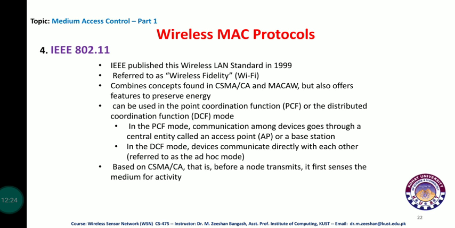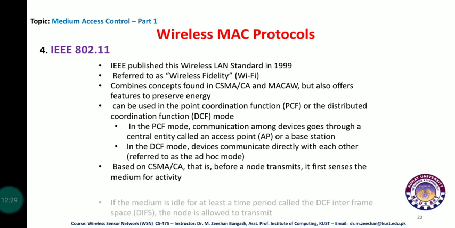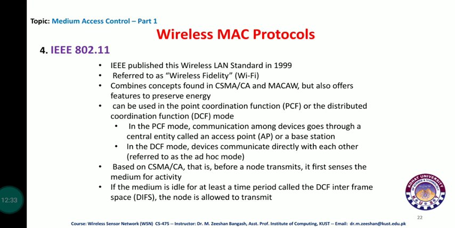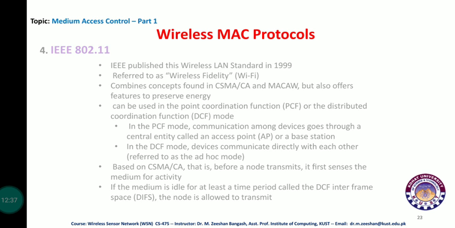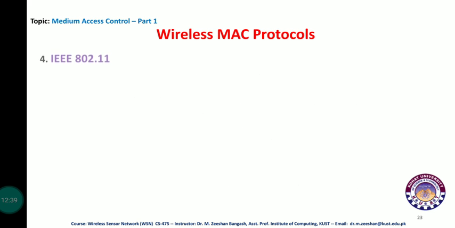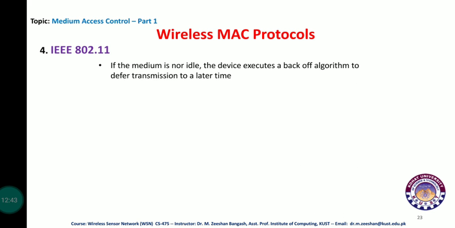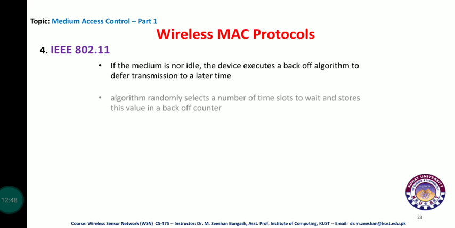This protocol first senses the medium for activity, and if the medium is idle for at least a time period called the DCF interframe space, the node is allowed to transmit. Now if the medium is busy, a backoff algorithm is executed and the transmission is deferred for a certain period of time.